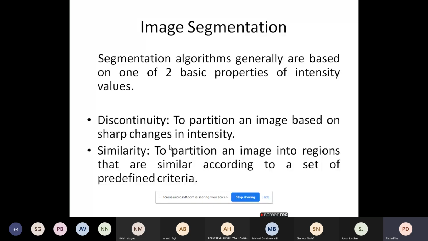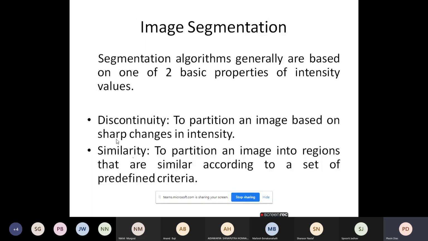If you consider discontinuity as the first category and similarity as the second category, in both cases we have to assume some boundaries, isn't it? We have to assume some boundaries of regions, which might be sufficiently different from each other or similar.